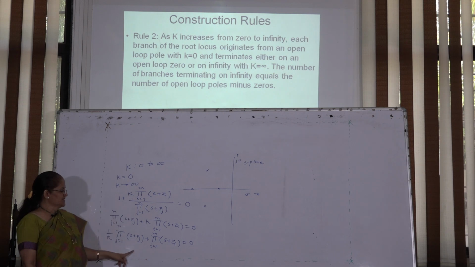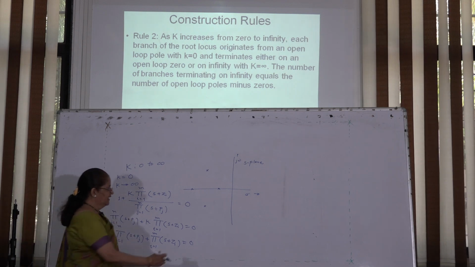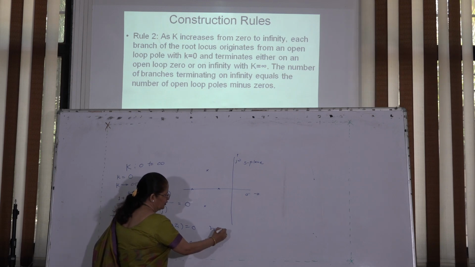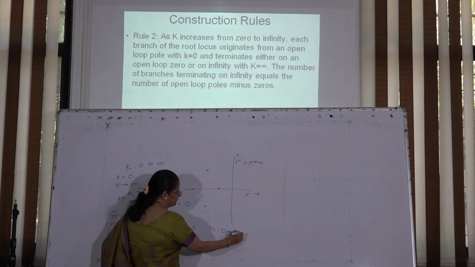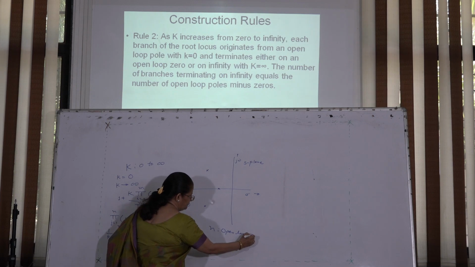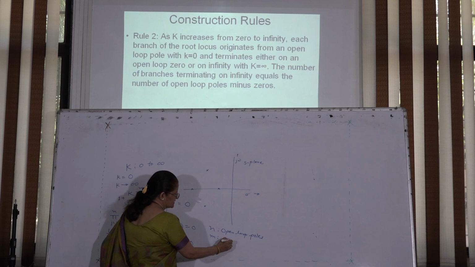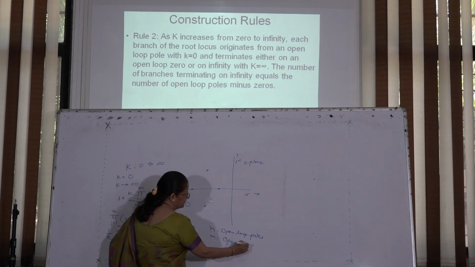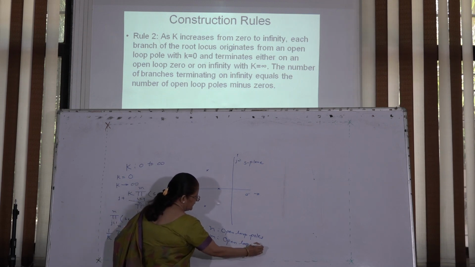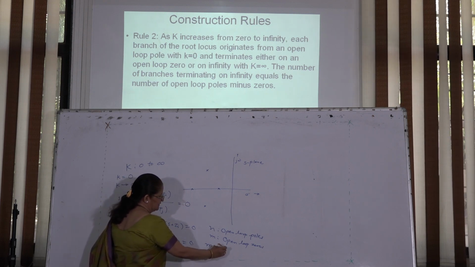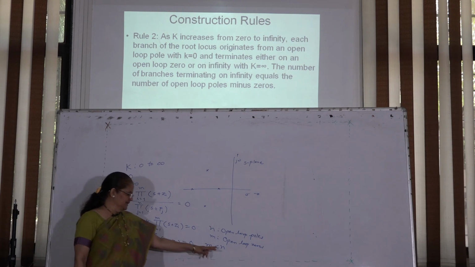But one thing we have seen is that n are the open loop poles, m are the open loop zeros, and we have seen here that m is less than n. So, there are n branches.